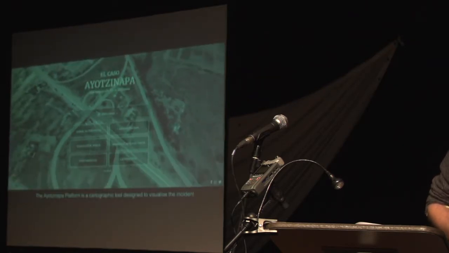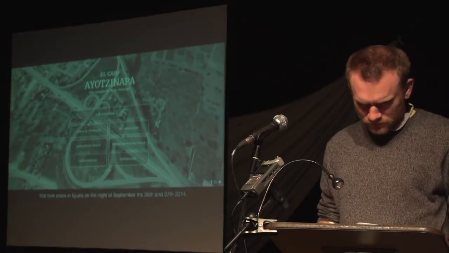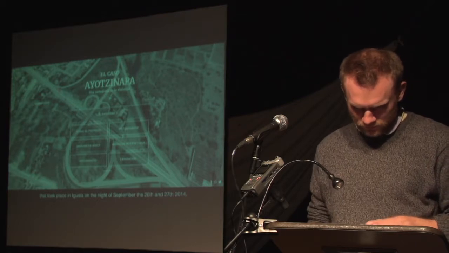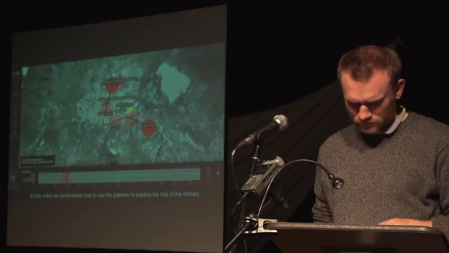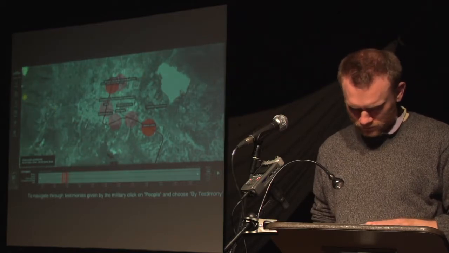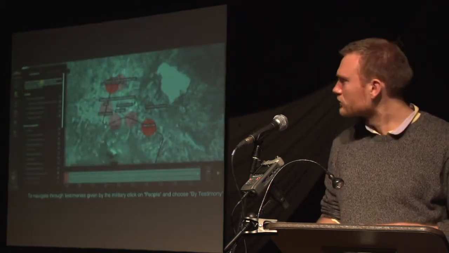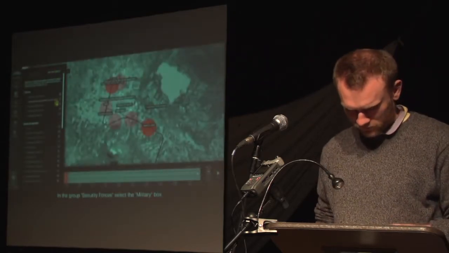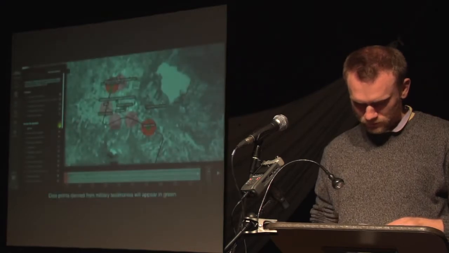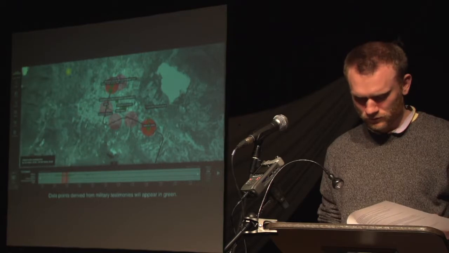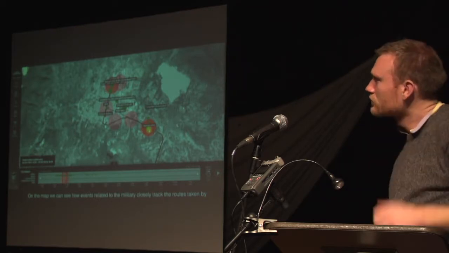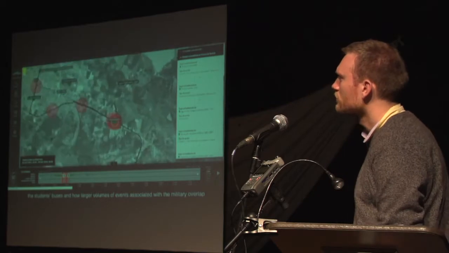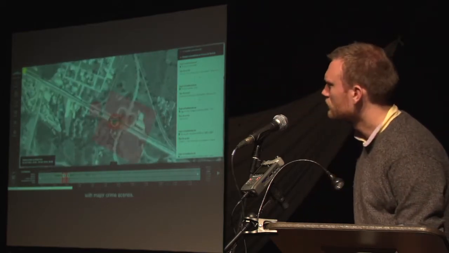La plataforma Ayotzinapa es una herramienta cartográfica, diseñada para visualizar los eventos que tuvieron lugar en Iguala, Guerrero, la noche del 26 y 27 de septiembre de 2014. En este video, demostramos cómo usar la plataforma para explorar el rol que jugó el ejército. Para navegar a través de los testimonios dados por los militares, dé clic en la sección Personas y abra la pestaña Por testimonio. En el grupo Fuerzas de Seguridad, seleccione la casilla Ejército. Los eventos seleccionados se mostrarán como círculos verdes. En el mapa, podemos ver cómo los eventos relacionados con los militares siguen de cerca las rutas que tomaron los autobuses de los estudiantes, además de la gran cantidad de eventos asociados con la presencia militar en las escenas del crimen más relevantes.